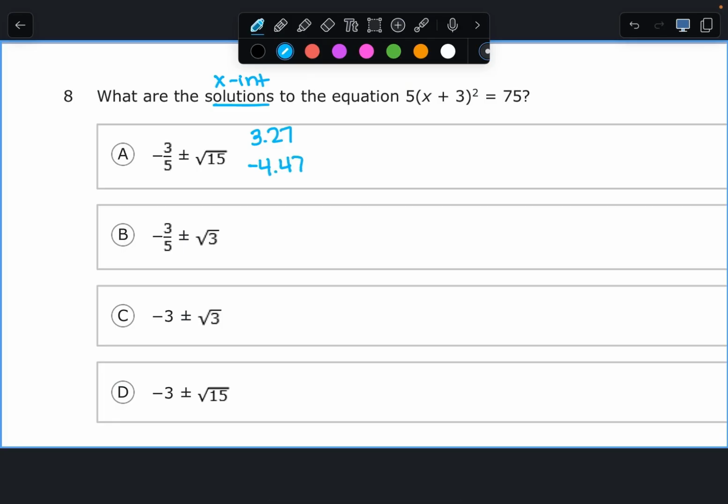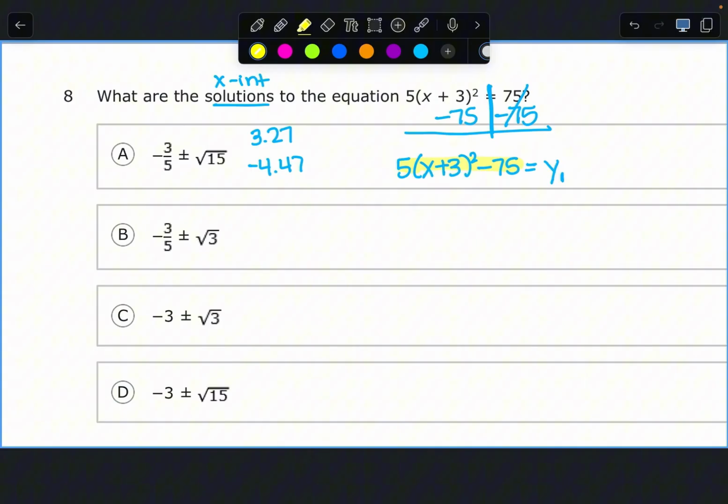Now, to find the x-intercepts of this graph right here, everything has to be on the same side to be able to put it into y equals. So to put that into y equals, I have to subtract the 75. And then I let the calculator do the math for me. I can put all of that into y1.